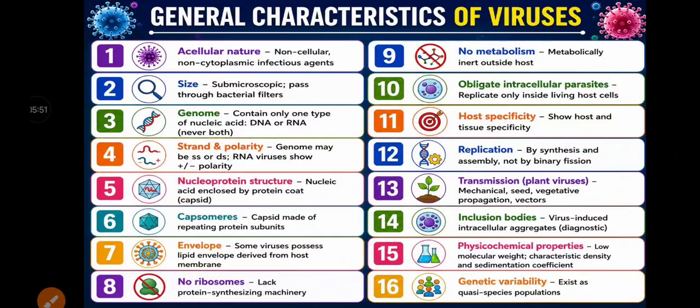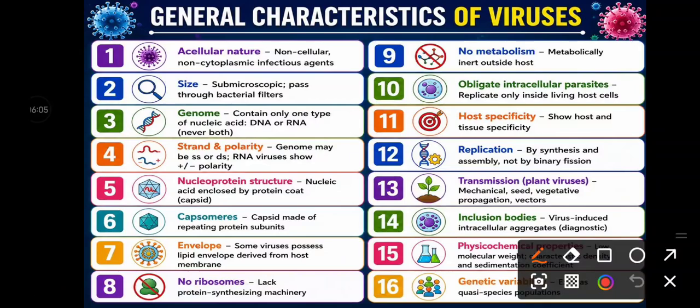Here, the virus molecular weight, its density and sedimentation coefficient will be seen. Virus molecular weight is very low, it ranges from 1 to 73 into 10 to the power 6 dalton.